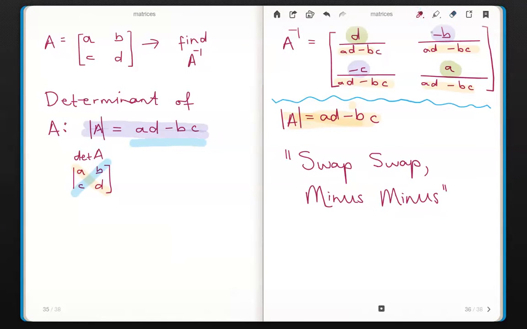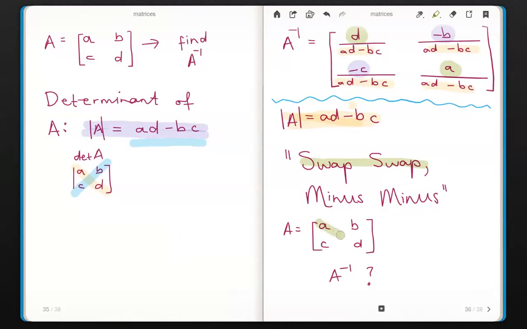So if A equals A, B, C, D and I want to find A to the minus 1, I know, because Elise told me this in year 11: swap, swap.